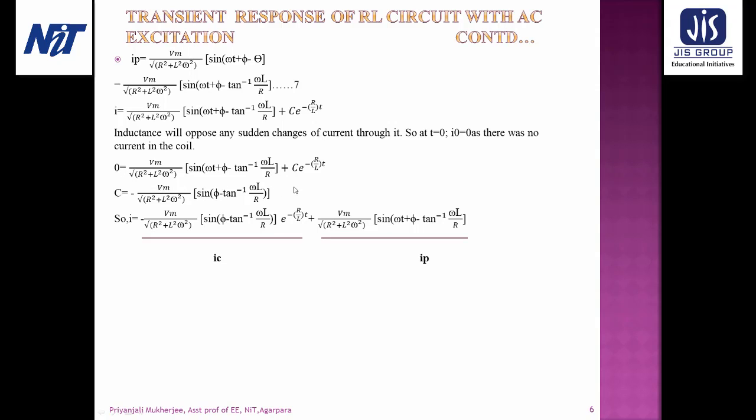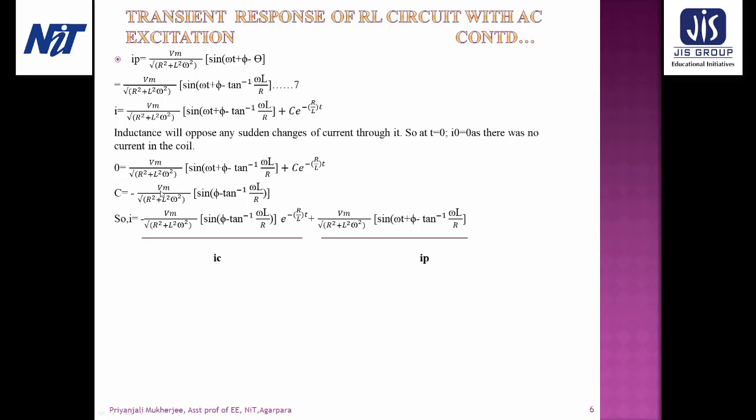So we can compare these two equations, and at t is equal to 0, we can put t equal to 0 over here, and here also that t is equal to 0. So C becomes Vm by root over of r square plus L square omega square, and it will be minus into sine of phi minus tan inverse omega L divided by r.